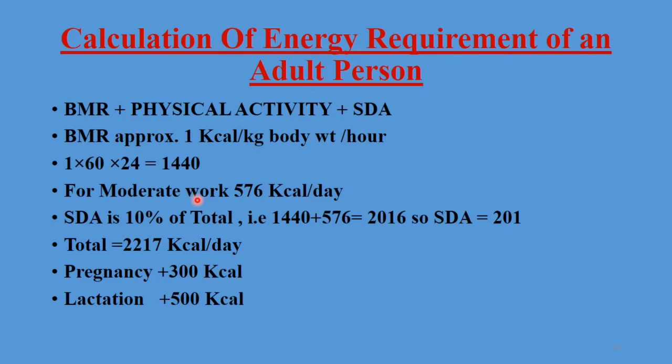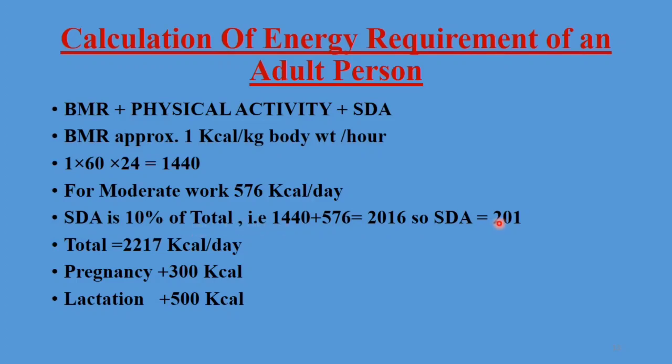So 40% of BMR gives 576 kilocalorie per day, and total BMR plus physical activity gives 2016 kilocalorie. Now SDA is 10% of the total, so it is 10% of 2016.